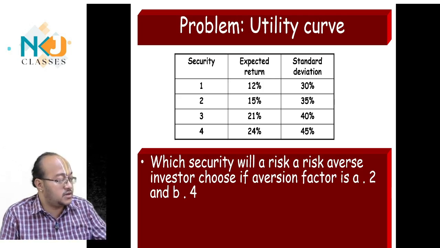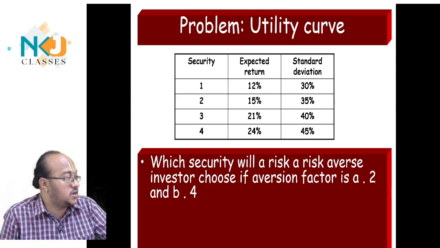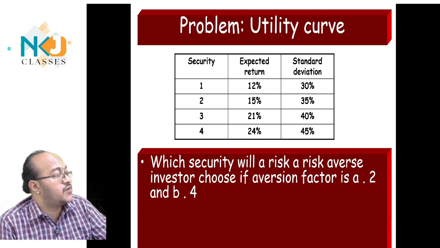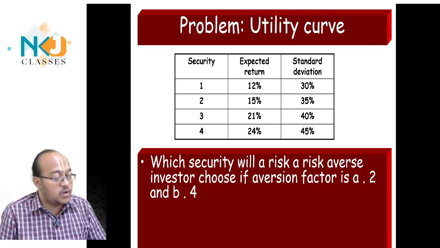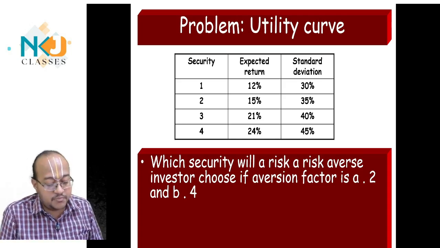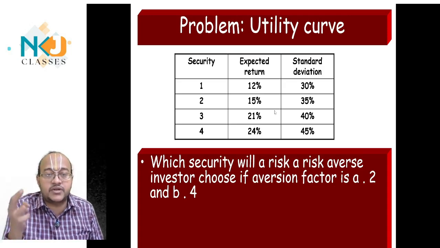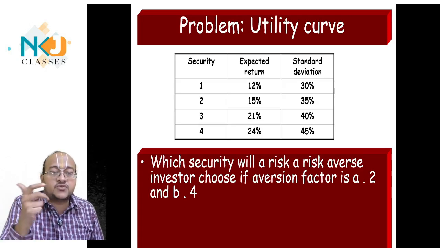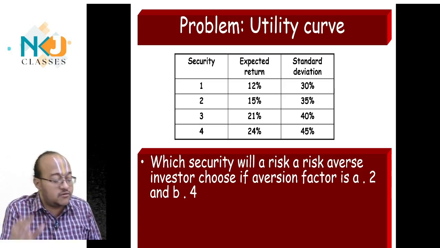averse person, okay, risk is typed 2 times mistakenly. Which security will a risk averse investor choose if aversion factor is A=2 and A=4? Okay, aversion factor if it is 2, we need to select the best investment. If aversion factor is 4, we need to select the best investment. Shall we proceed?